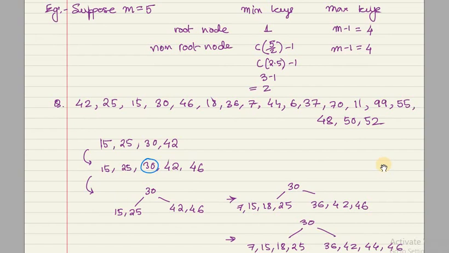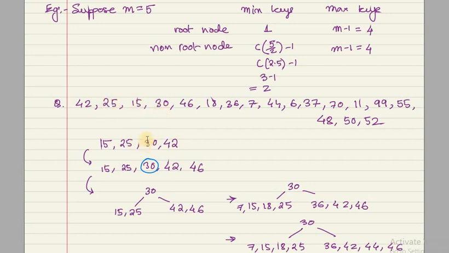Now please pay attention here. Here the game starts. So we have 42. 42 comes as a key for a node. So 42 first enters, then 25 enters, then 15 enters, and then 30 enters.